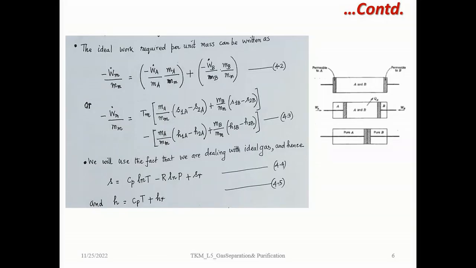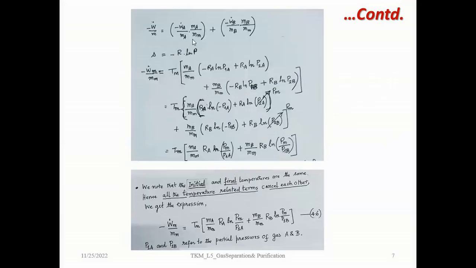If you subtract, the logarithm of 1 will be equal to 0. Therefore all temperature related terms and also constant terms become 0. We only have to consider the pressure term, because that is the one which will change from initial state to final state. So therefore, delta S equals minus R ln P. That's what we have to consider now.